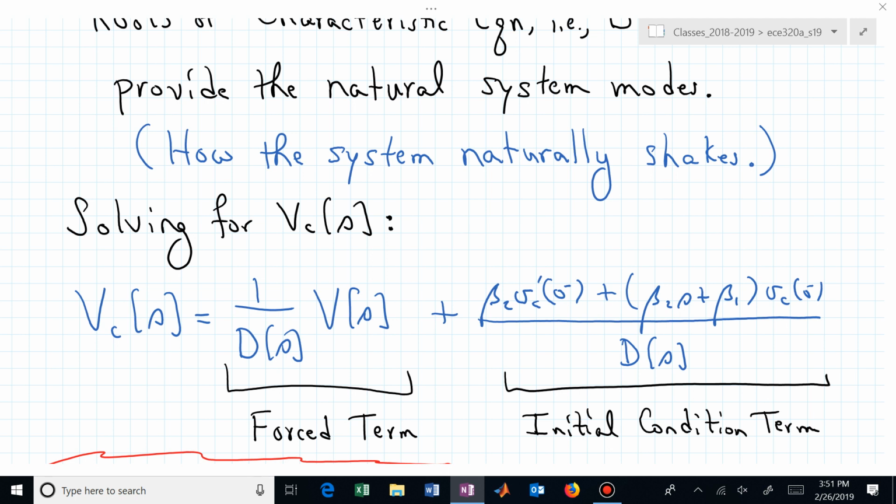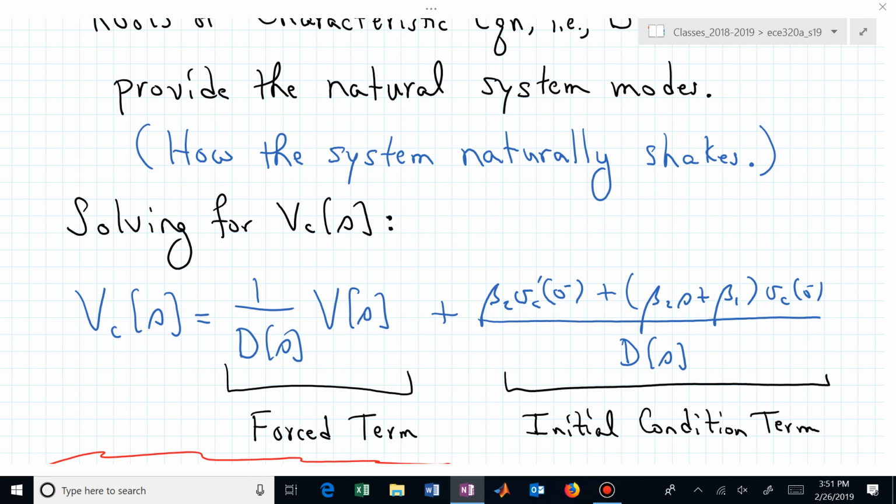Well, maybe you didn't talk too much about initial conditions and forced responses in diffy-q, but that's how you can think of this capacitor, its voltage. If you had no initial conditions, if it was unenergized, you would just have the capacitor influenced by its natural modes. You're dividing by d of s, and how you're exciting it with capital V of s.